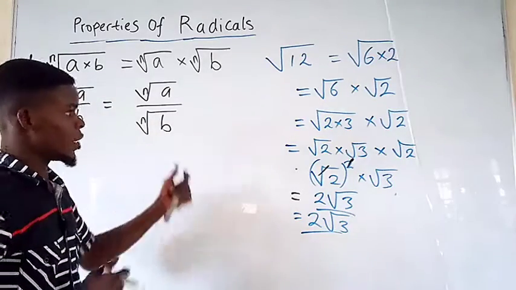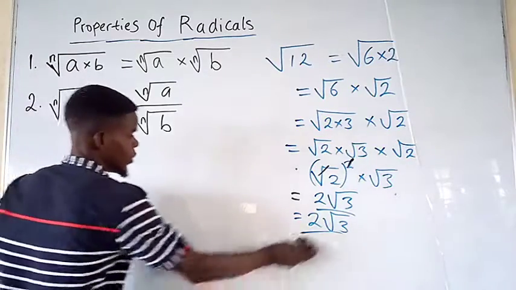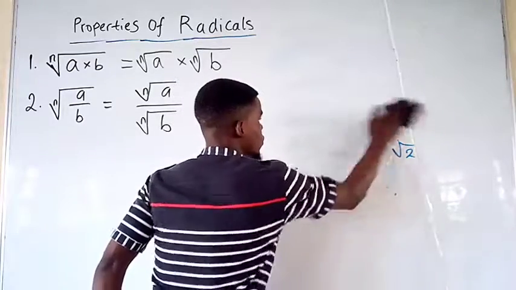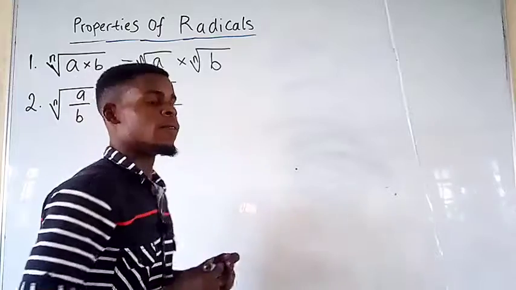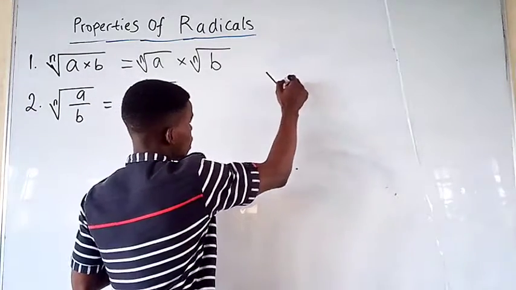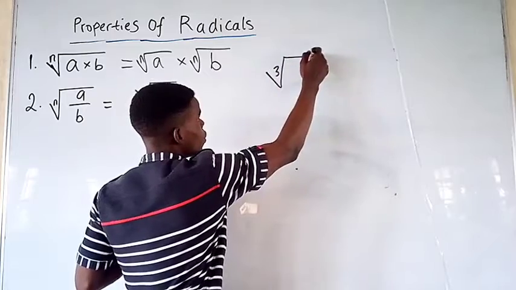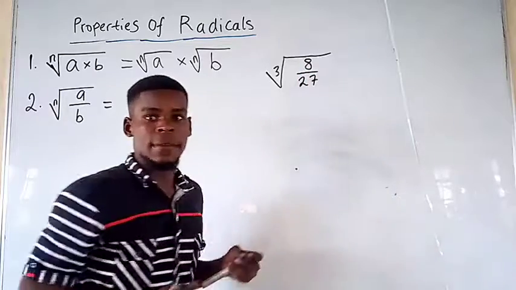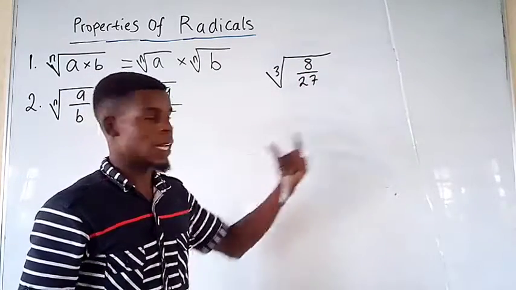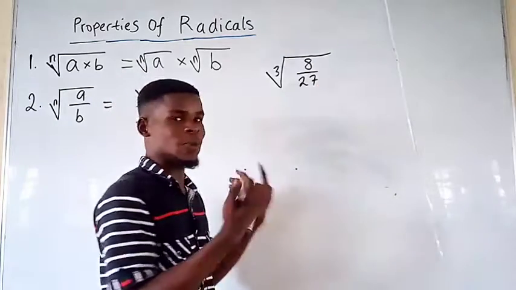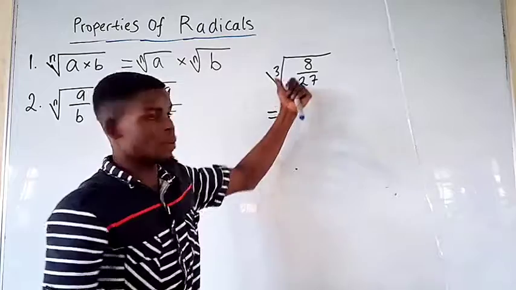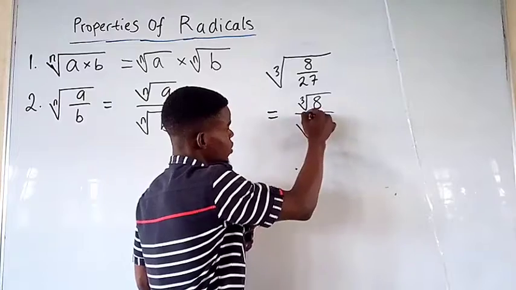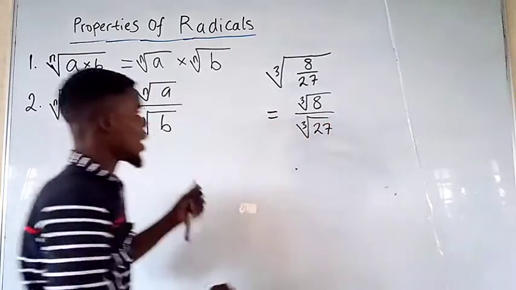So for example, when we have to take the cube root of, let's say, 8 over 27, we have a fraction. This can be split into the top and the bottom, so we can have the cube root of the top divided by the cube root of the bottom. So that is what we are saying here.